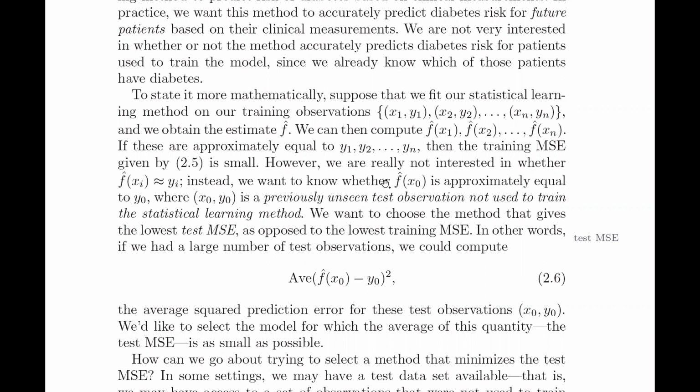Instead, we want to know whether f hat of x naught, outside the training data, also known as an out of sample observation, is approximately equal to y naught, where x naught comma y naught is a previously unseen test observation. It wasn't used to determine those parameters beta naught, beta 1, beta 2.